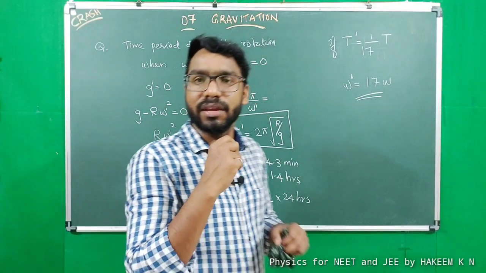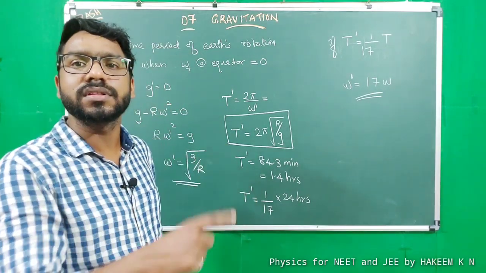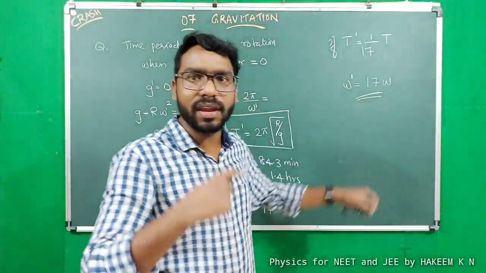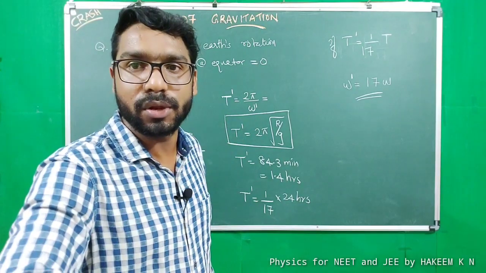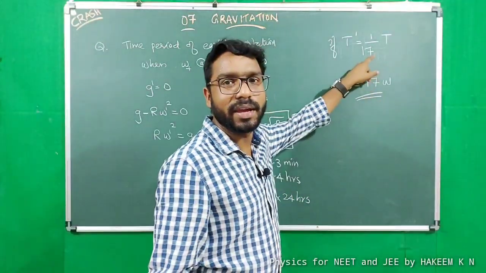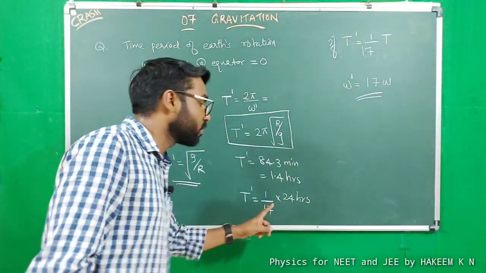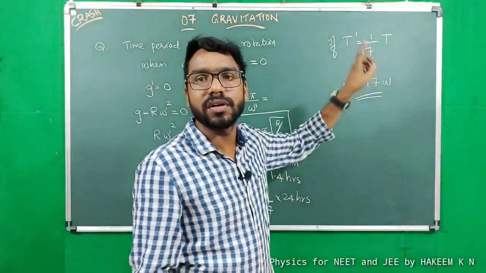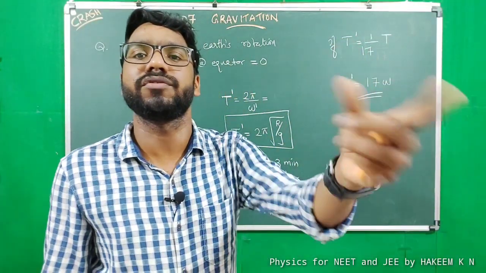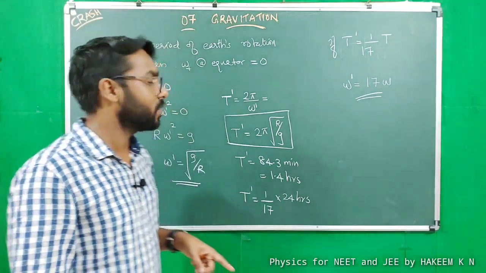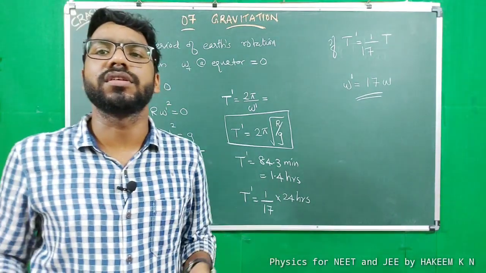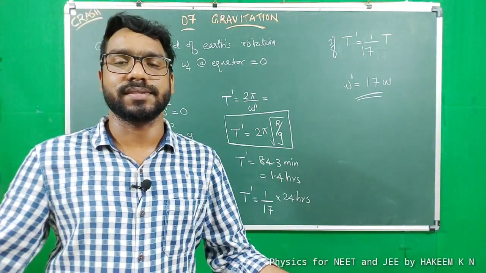So if the speed of rotation of Earth increases to 17 times the present value, the time period of Earth's rotation will be 1.4 hours, around 1 by 17 of 24 hours. Then any body at the equator feels weightlessness.